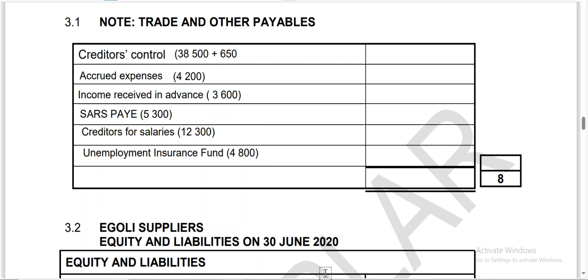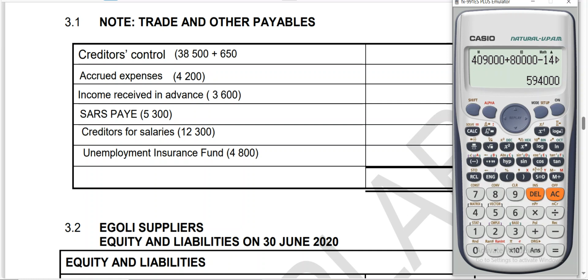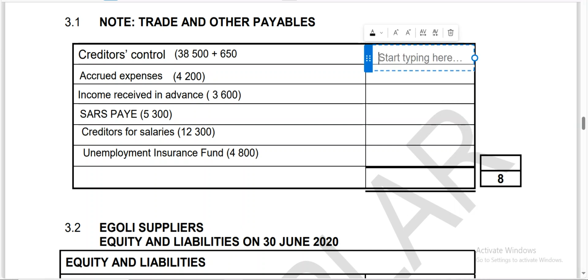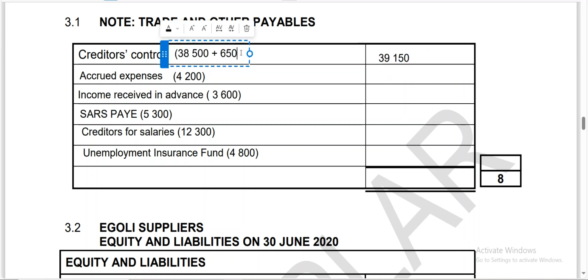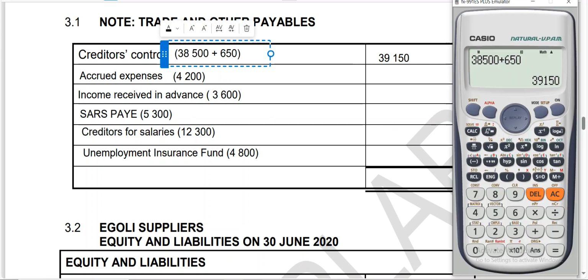So let's check 38,500 and then plus 650, it is giving us 39,150. So the total will be here 39,150. Okay, let me see, 38,500 plus 650 gave us 39,150.